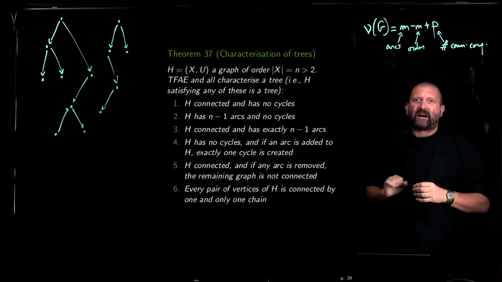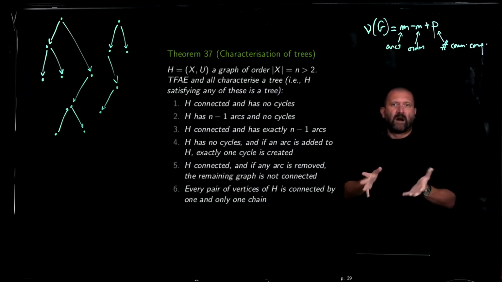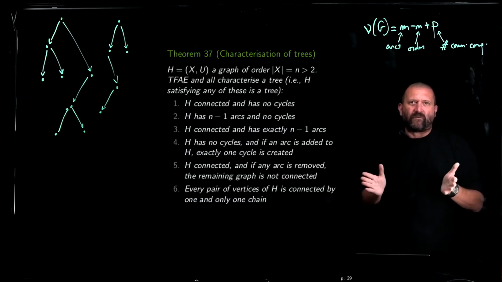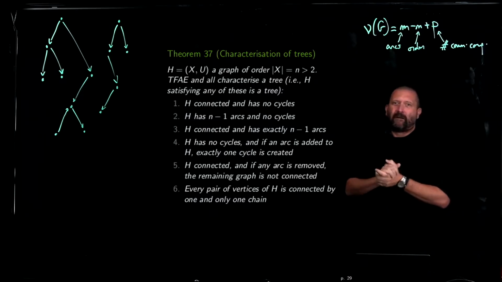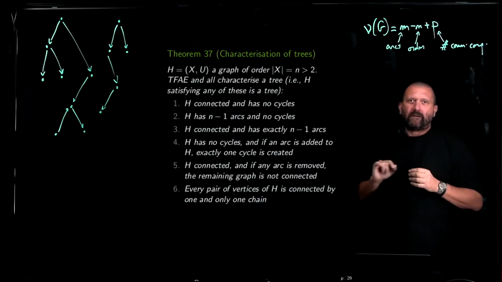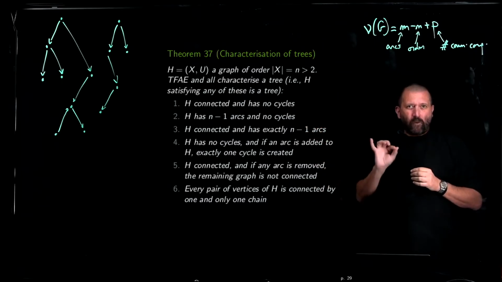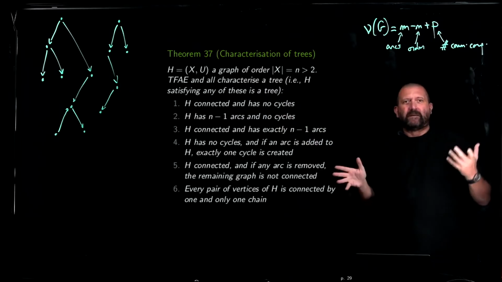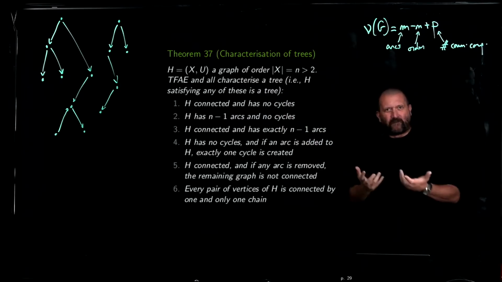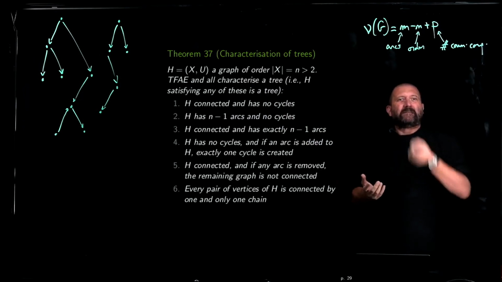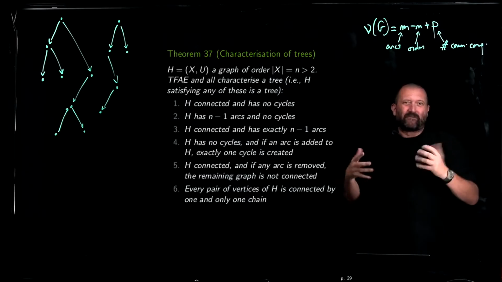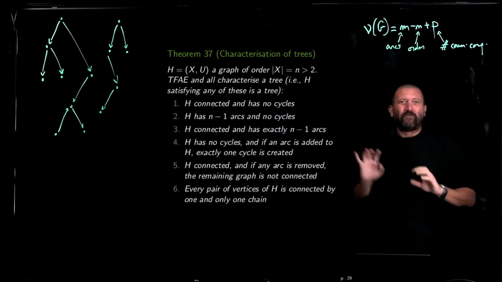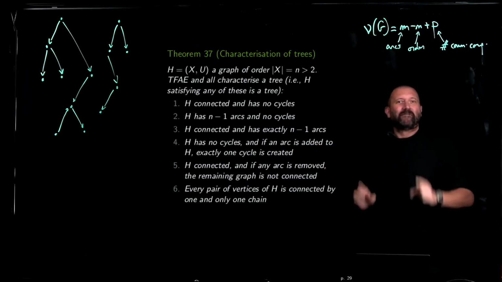Suppose I have a graph of order n greater than 2, so more than 2 vertices, then the following properties are all equivalent. It's a TFAE, we've seen that already. The following are equivalent.